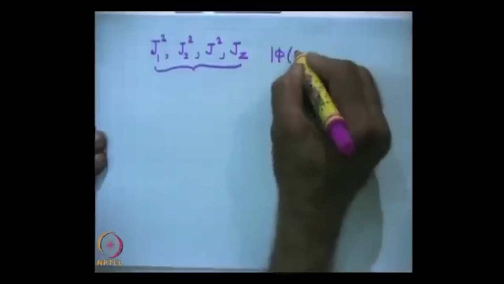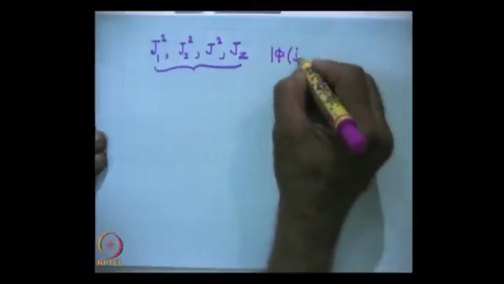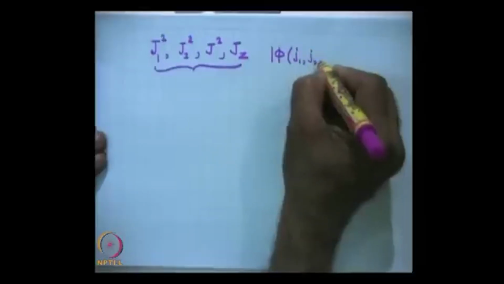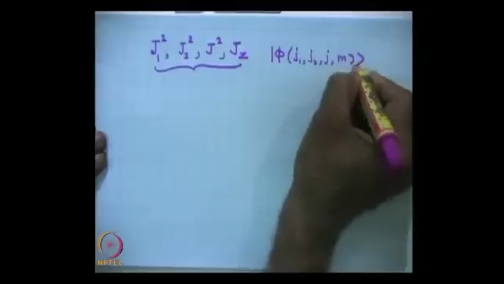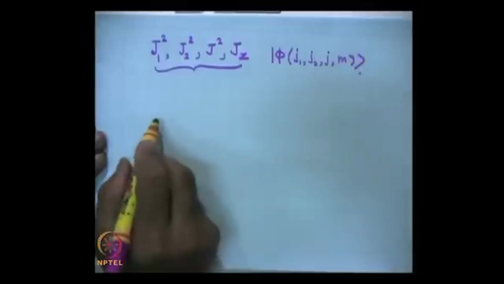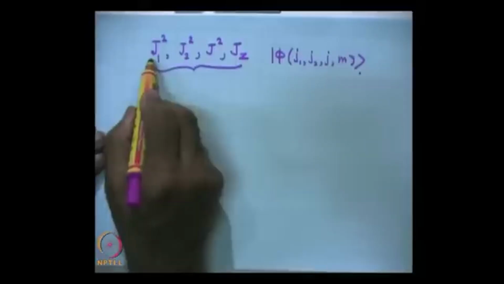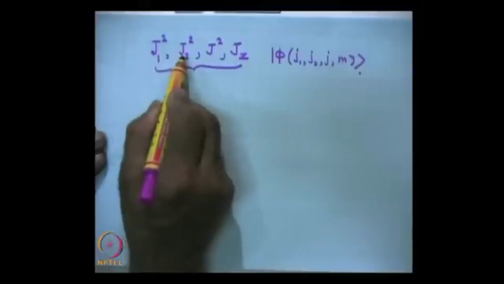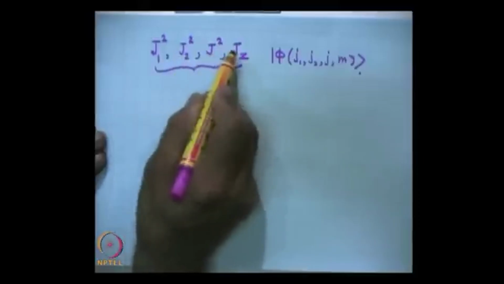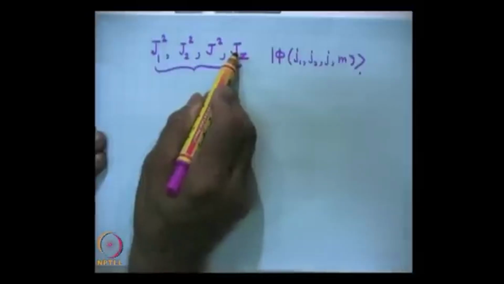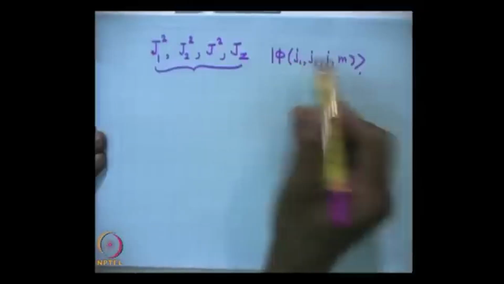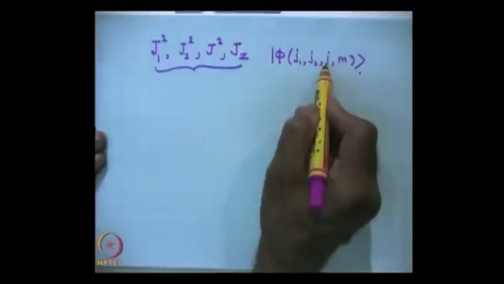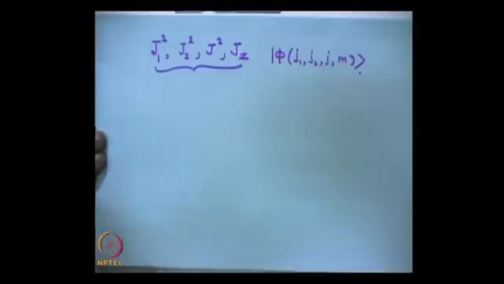So, phi ket J1, J2, J and M. These are simultaneous eigenkets of the operators J1 square, J2 square, J square and Jz. Of course, I know J1 and J2, they may be 1 half or something like that, but what are the values of J? That we will find out in a moment. We still do not know.